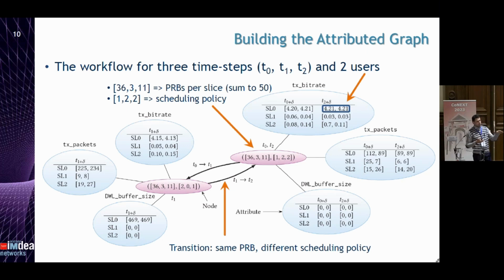At T1 we have a different action, so we record this action and repeat the step. We end up recording what happens at T1 plus delta, that is the next state. We record this information again, and then we have the subsequent action that coincidentally goes back to the first one. So at T2 plus delta, we record this additional information.